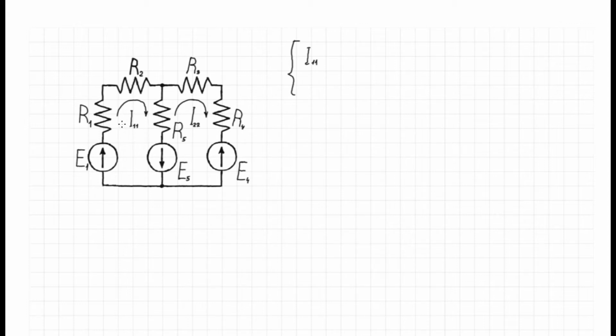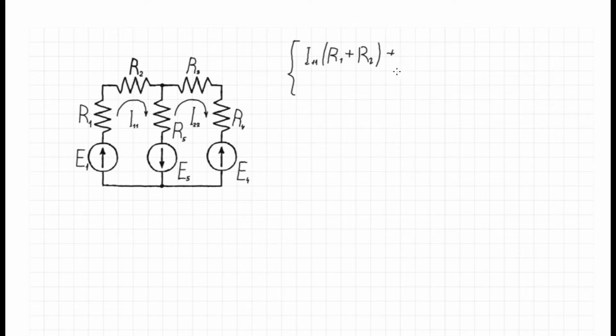This current matches our clockwise direction, so we take all these multipliers with sign plus, and the resistances we write as R1 plus R2, the first term on the left side of our equation.